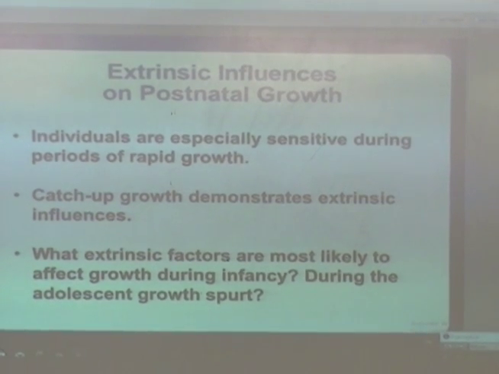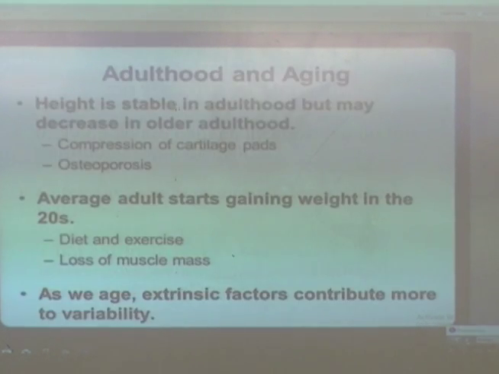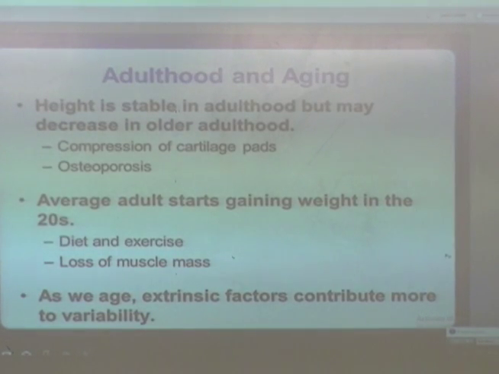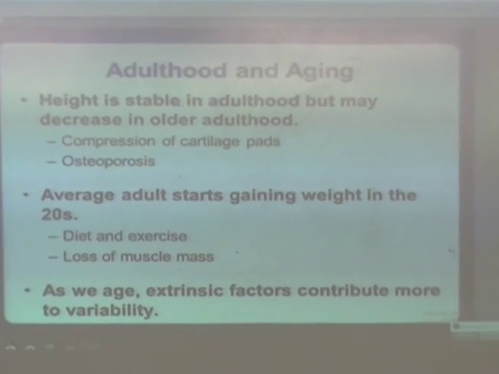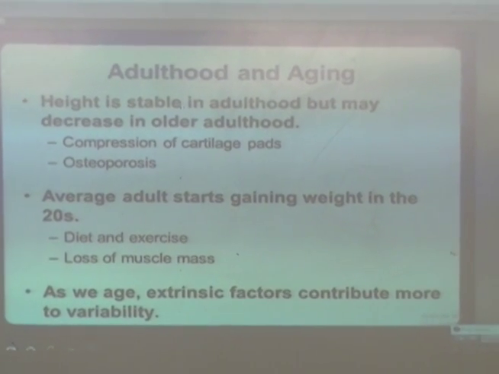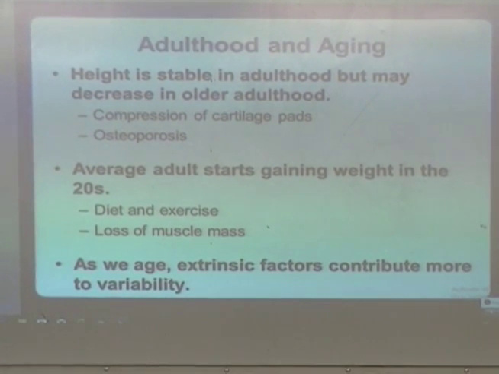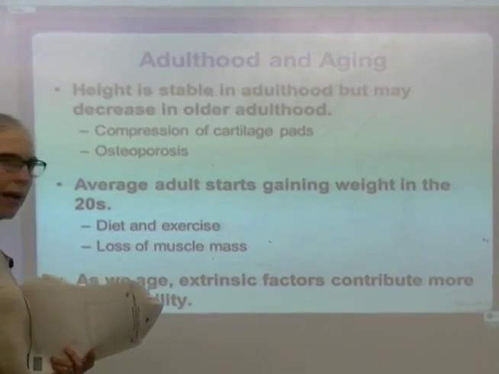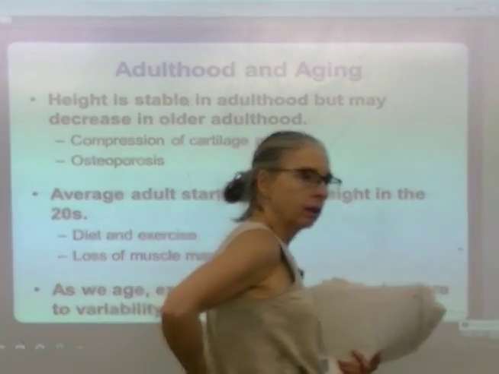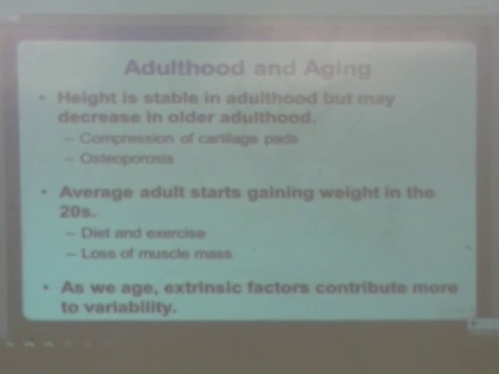So, what about adults then? What do we see happen for adults? Okay, we said earlier, height's pretty stable until your mid-late 40s, early 50s. Okay, start to get compression of the cartilage pads in the spine and in the legs.